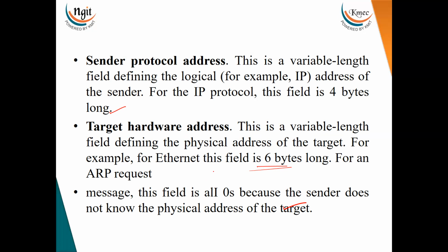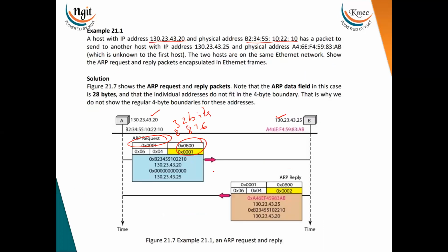The complete task is handled by ARP, and after processing the data, it sends a reply back to the client. Here this is the sender system, and the other is the receiver or target system.